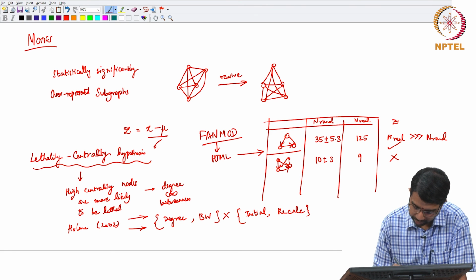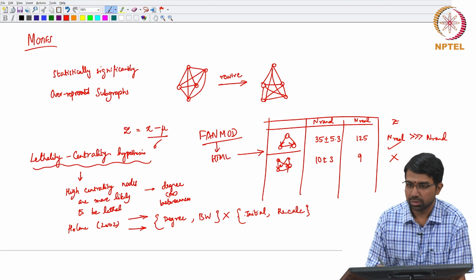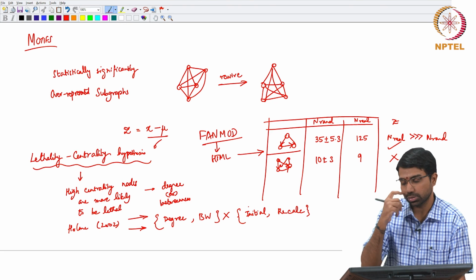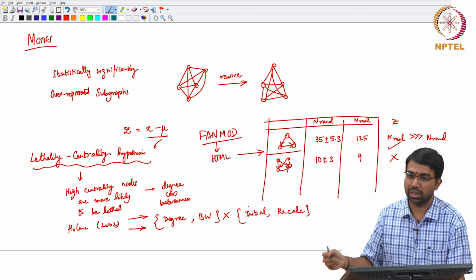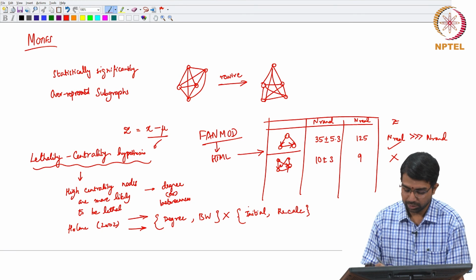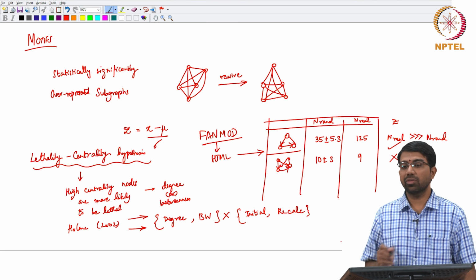They tried degree and used only the initial degrees. So, initially you will have some degrees, some node will have a degree of 100, some node 95, 90, 80, 20, whatever. You remove based on that, or you could recalculate degree after every removal.